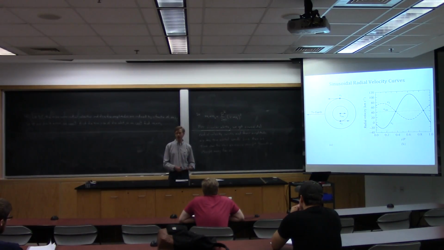What constraints can we put on the system if we don't know the inclination? Because, for example, when we're trying to determine if there's a black hole in some binary system, well, we don't get any spectral lines from the black hole, but we might see the dance of the spectral lines for a normal companion that is in orbit with the black hole.